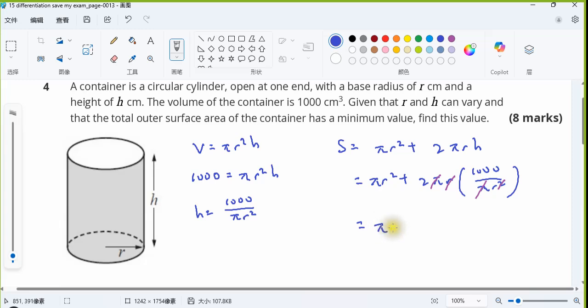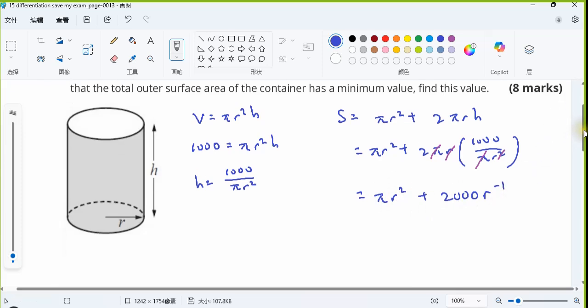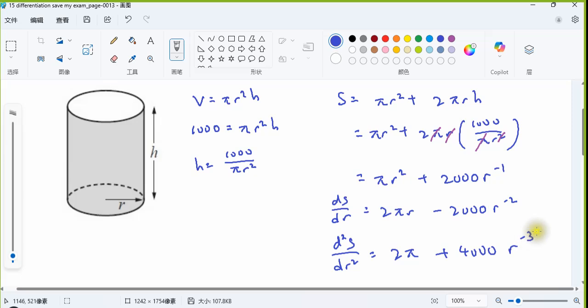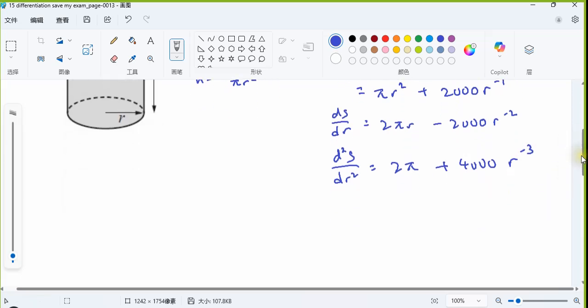So we have pi r squared plus 2000 r to the power negative 1. So dS/dr will be 2 pi r minus 2000 r to the power negative 2. The second derivative will be 2 pi plus 4000 r to the power negative 3.